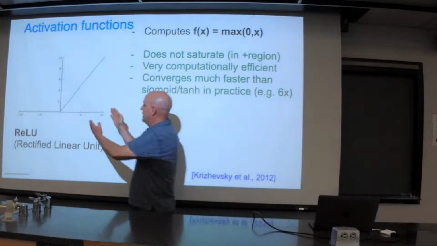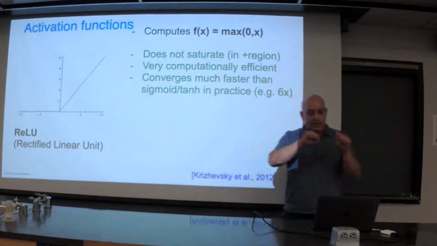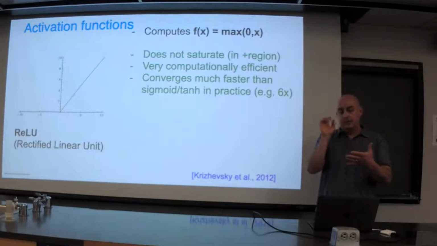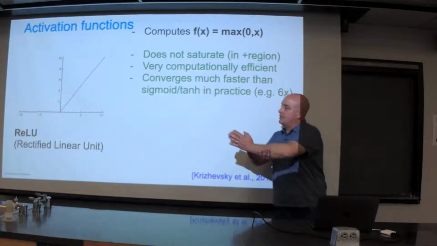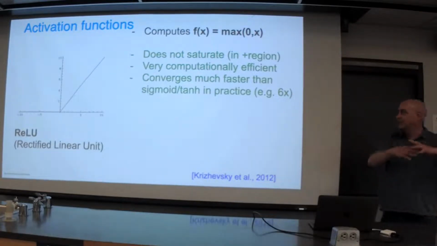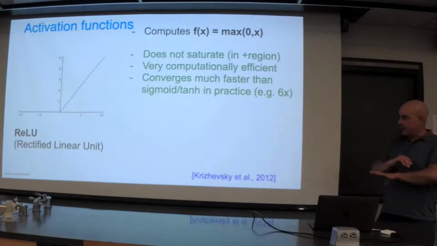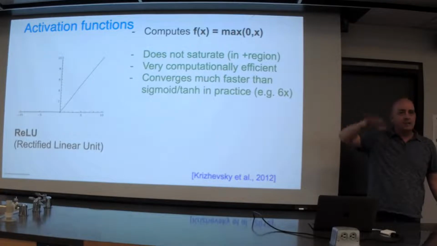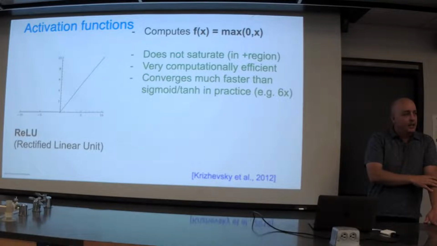Instead of having a very narrow region where you have this linear behavior, which is good, and very efficient for propagating signal when you're thinking about gradients, it now has the entire positive half of the real numbers as a linear range. So now you've got a huge range of numbers to work with, where you have this linear game. Turns out that's fantastic, and it's sort of weird if you think about it, right?